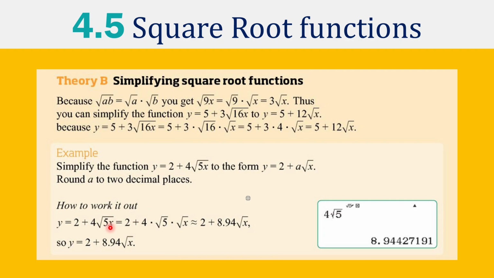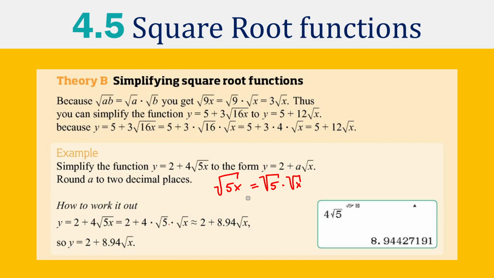Well, I have to now get that root 5 out of my root because they say convert it in such a way that the 5 is not there anymore. Let's draw it so it's a bit more clear, because I think the book maybe does this a bit quickly. Remember, root 5x is the same as root 5 times root x.